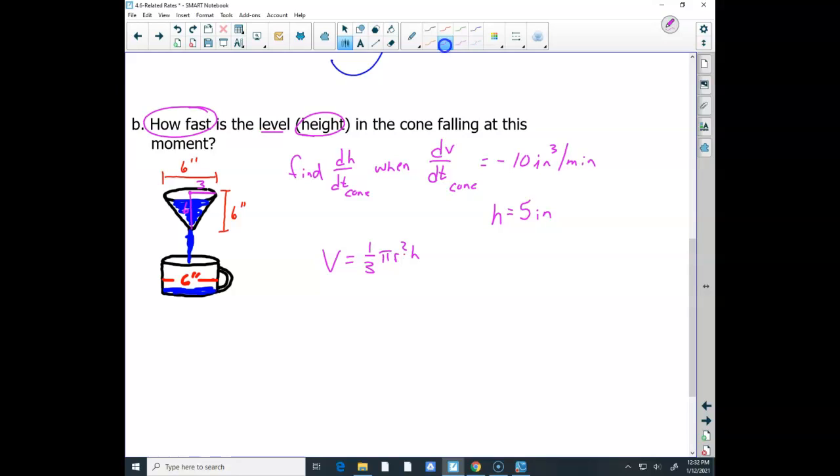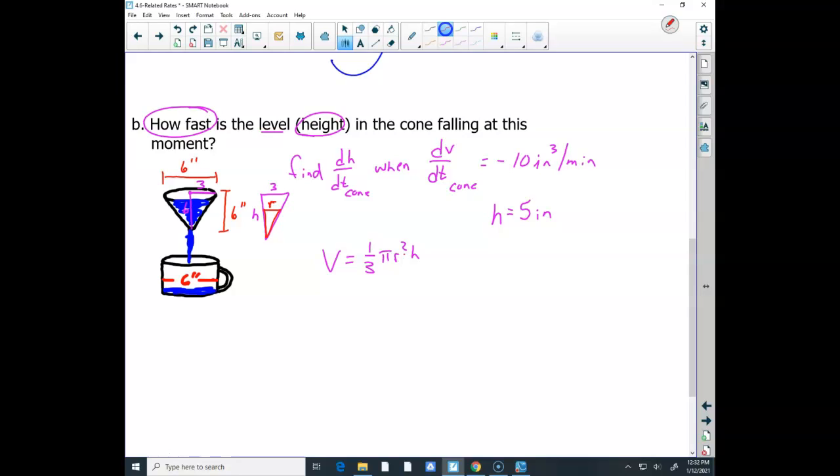If I break this apart, here's part of my cone, here's my radius of 3, here's my height of 6. But as things change, my radius changes, so here is a radius and then here is a height. So I have similar right triangles.